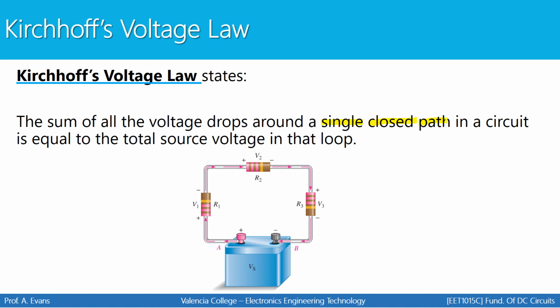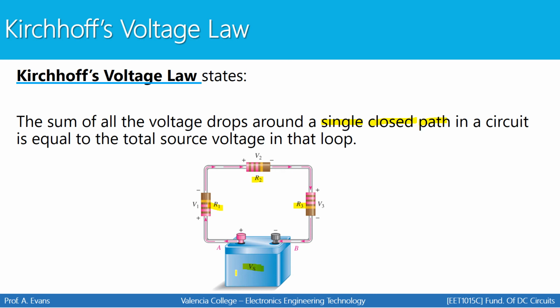So in a nutshell, what this law means is that if I have a certain voltage that's been supplied, the voltage drops for each component around the single closed path, which would mean the voltage drops for R1, R2, and R3, if I add up these voltage drops, it'll be equal to the source voltage. That's what Kirchhoff's voltage law says.